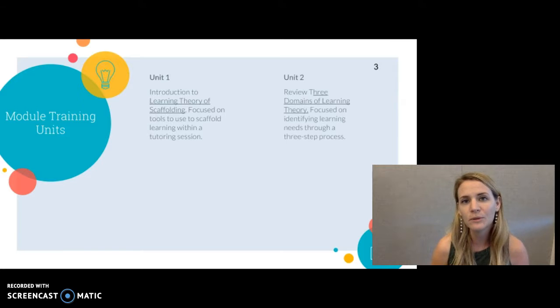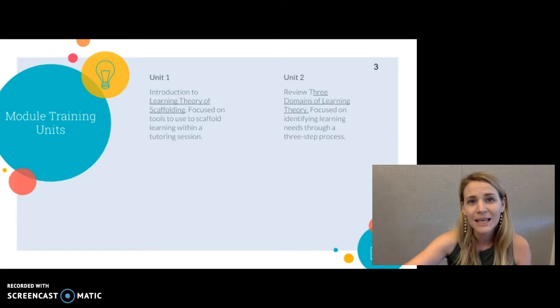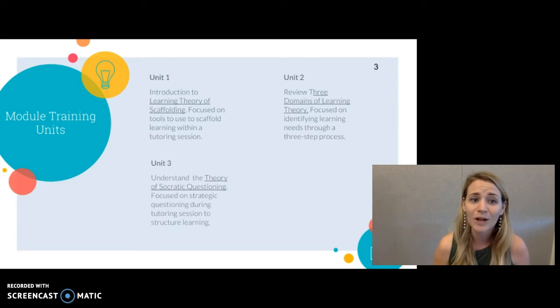In Unit 2, we're going to be reviewing the 3 domains of learning theory, and really focusing on identifying learners' needs through a 3-step process. In Unit 3, we move on to understanding the theory of the Socratic method of questioning. And this unit is all about helping you gain different skills and strategies in asking specific questions to really help structure a tutoring session.